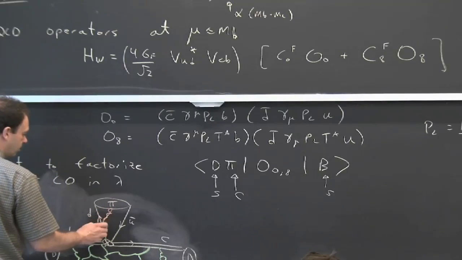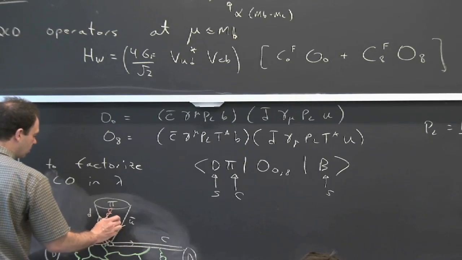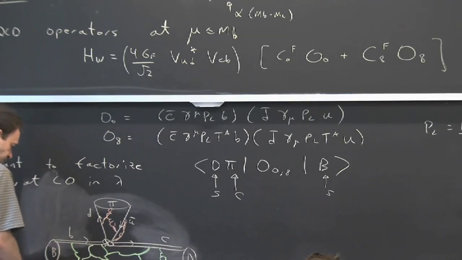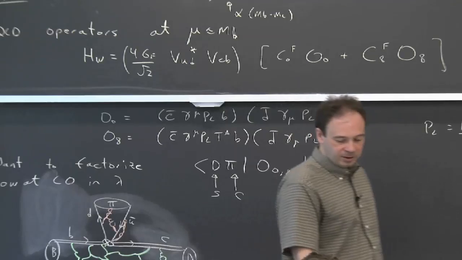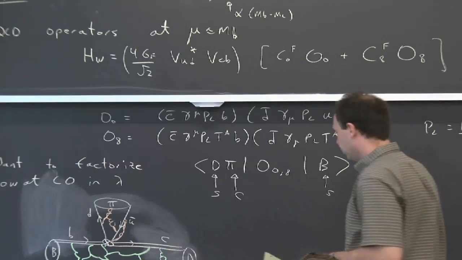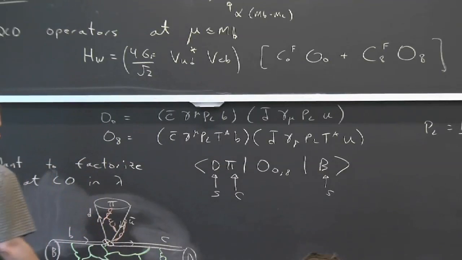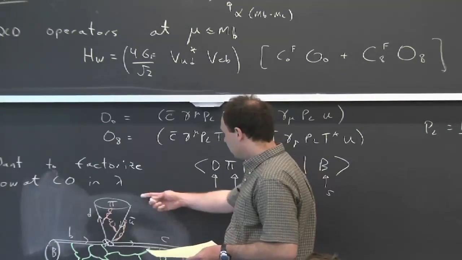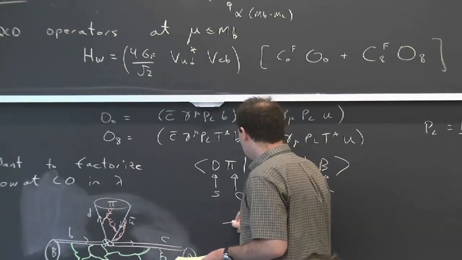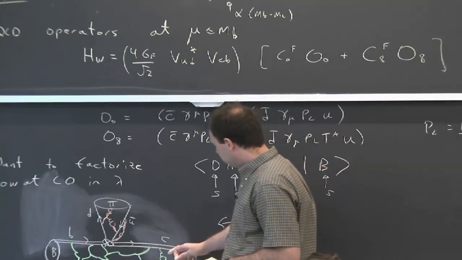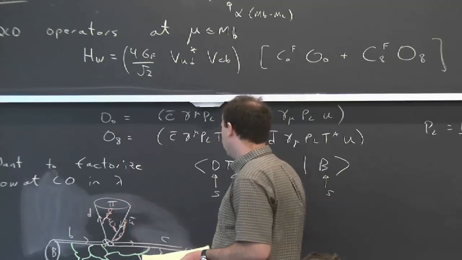So we have our collinear gluons and collinear quarks inside here, and maybe there's some Wilson lines too. So we would expect some kind of picture like that, and that's actually going to be what we do find. But exactly what happens at this vertex, what kind of convolutions there are, that we have to work out. All right, so what factorization in this context means is that there are no gluons that are directly exchanged between the B to D part and the pion part.